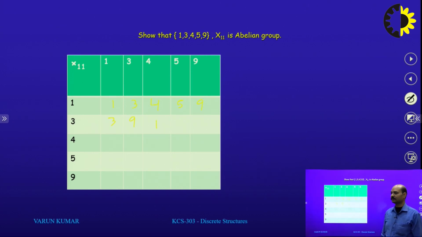Then 3 into 5 becomes 15, 15 mod 11 becomes 4. Then 3 into 9 becomes 27, divided by 11, the result will be 5. So similarly you can compute and check whether it follows the associative, commutative, identity, inverse, and all 5 properties you can easily satisfy.